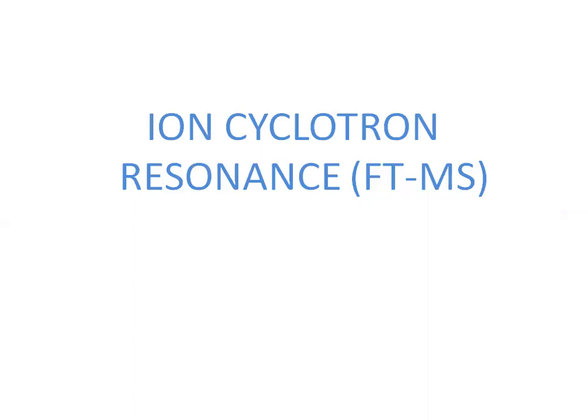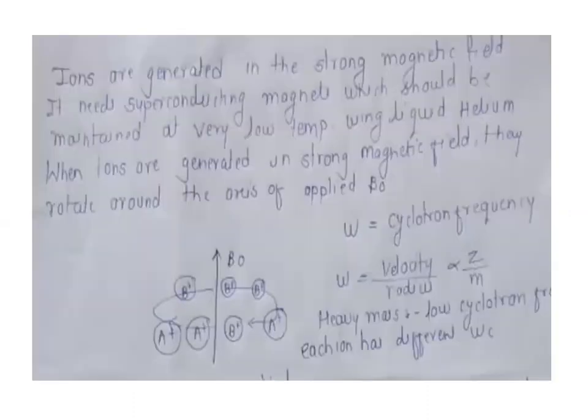Now the next kind of mass analyzer is ion cyclotron resonance. As the name indicates, we are going to use the cyclotron phenomenon. This is also called Fourier transform MS. What we do in ion cyclotron resonance is generate all those ions in a strong magnetic field.